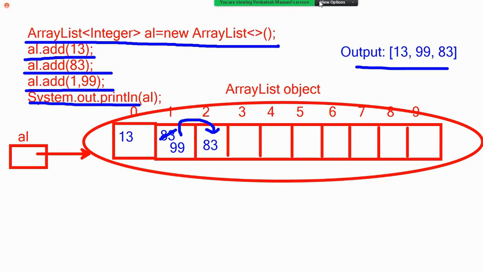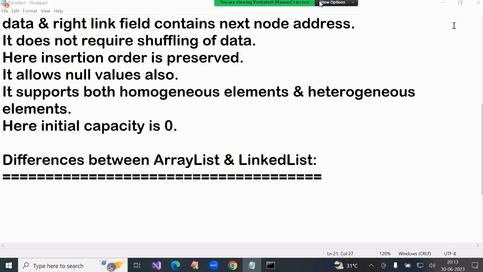Listen with more concentration. I'll give time for writing. First, you listen. Then you will understand the difference between ArrayList and LinkedList. Is it over? See. If I write LinkedList of Integer, LL equal to new LinkedList.